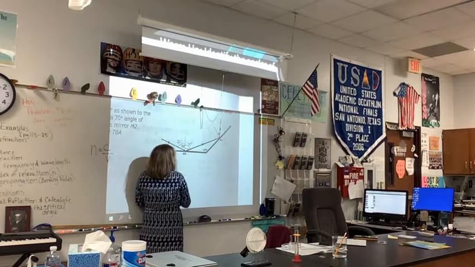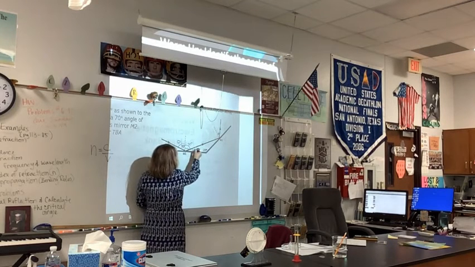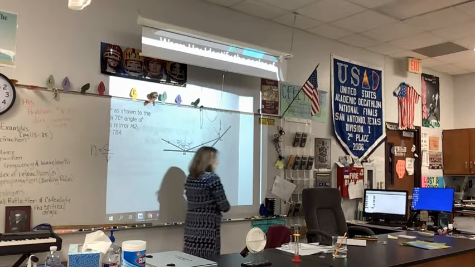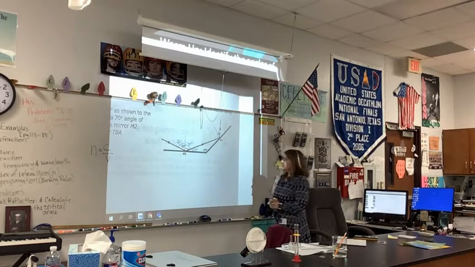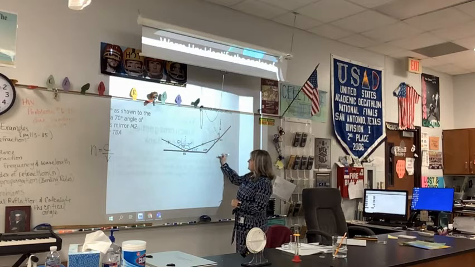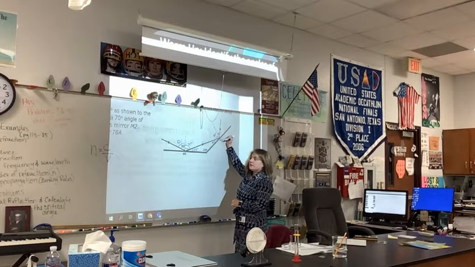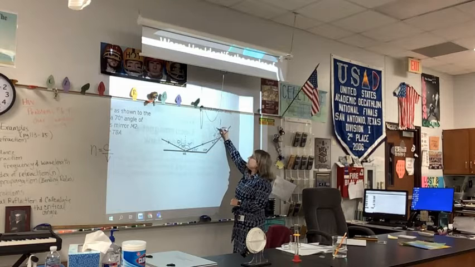So this whole thing has to be 90, so this angle is 20 degrees. How many degrees in a triangle? 180. So I've got 140 here. So what is this one? 40. And here I have a right angle. So this angle of incidence is 50 degrees. So the angle of reflection is 50 degrees.